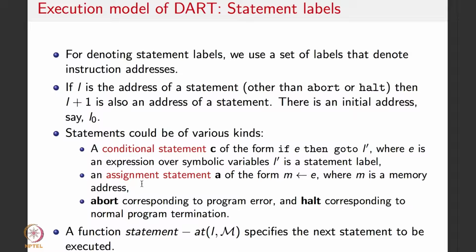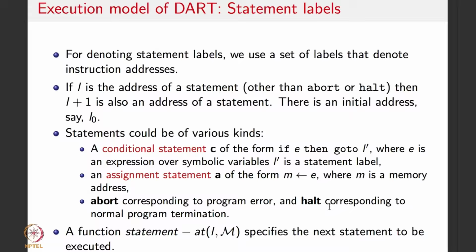We also assume that in our restricted syntax, a program has only assignment statements, which assign an expression to a memory address. And in addition to this, the program has a special statement called abort, which we saw in our example, and another statement called halt, which corresponds to normal program execution. All other statements that you will typically find in programming languages, like while, can be expressed using these.